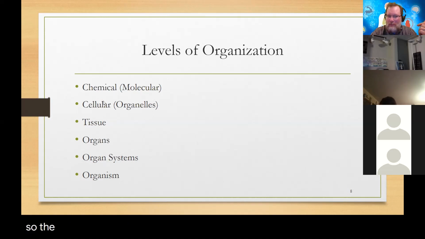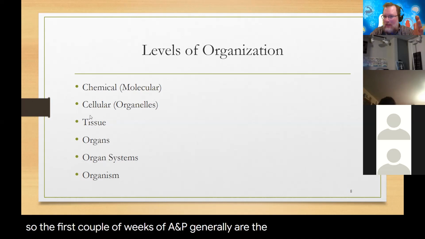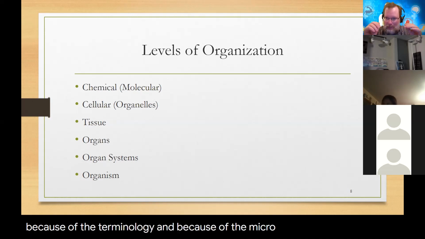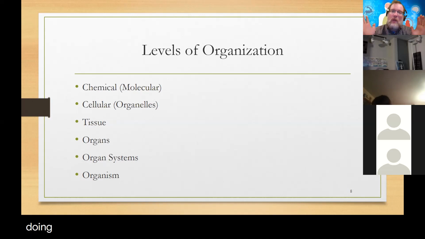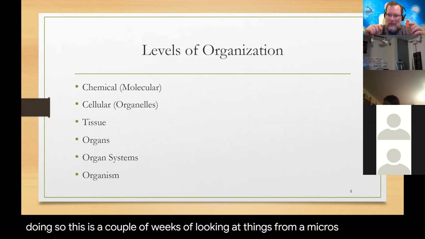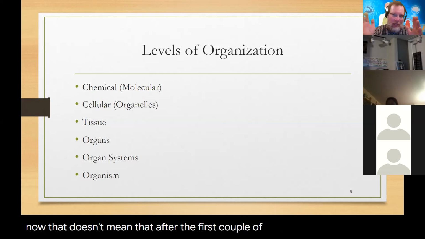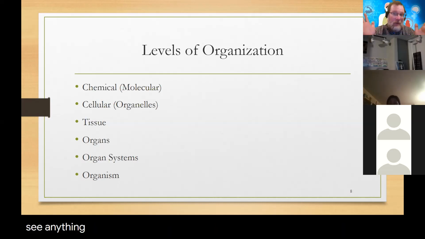The first couple of weeks of A&P generally are the rockiest for students because of the terminology and because of the micro aspects of what we're doing. So this is a couple of weeks of looking at things from a micro perspective. But that doesn't mean that after the first couple of weeks you're never going to see micro scale anatomy again.